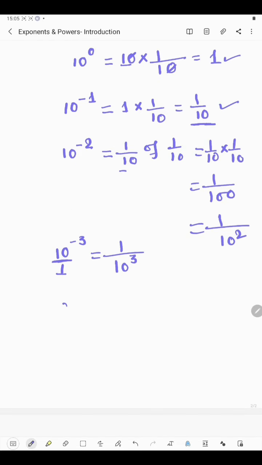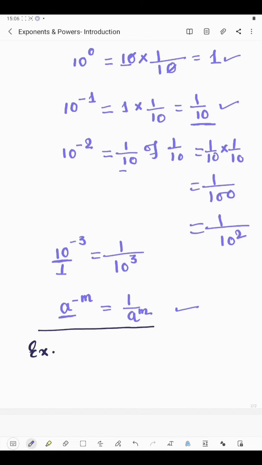So if a to the power minus m is there, to make the power positive, we will write the base, which is a here, in multiplicative inverse form. So a will be 1 by a and power will be positive. So this is one of the laws of exponent. So to make the power positive, we will just write the number in multiplicative inverse form.